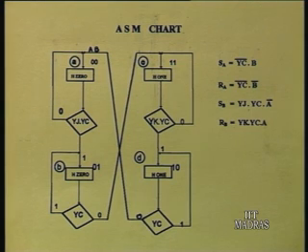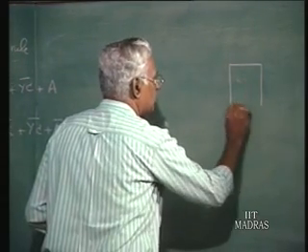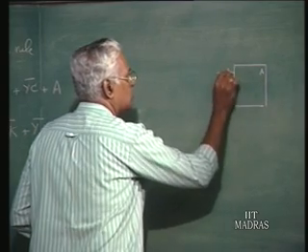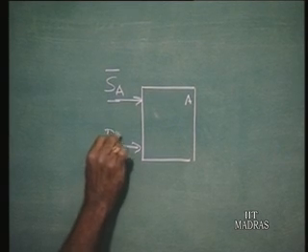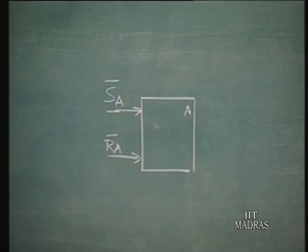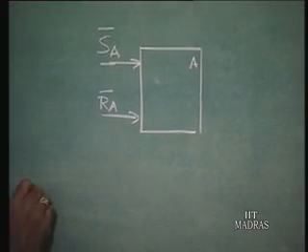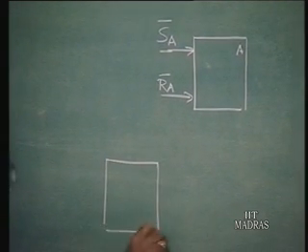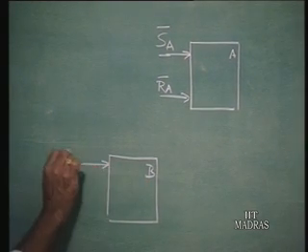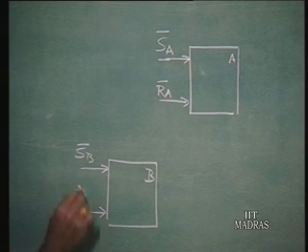Let us take A, S A bar or R A bar, and the other one B, S B bar or R B bar.